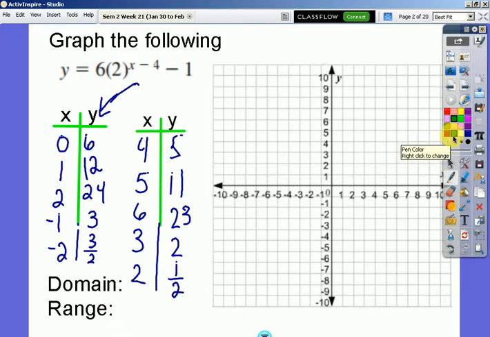So 4, 5. And then 5, 11. 6, 23, I won't graph that. Remember, you don't have to graph every point on here. Just enough to give you that shape. 3, 2. 2, 1/2.